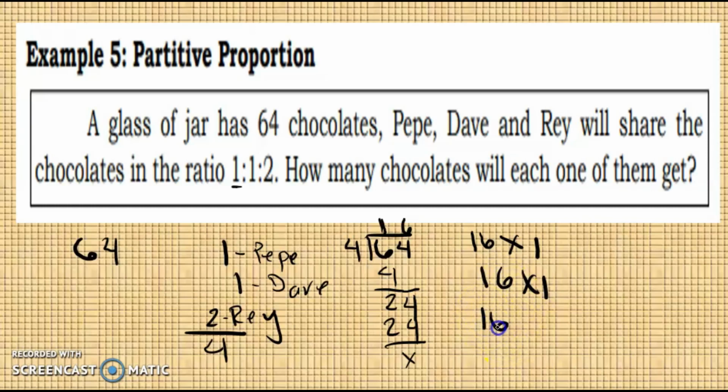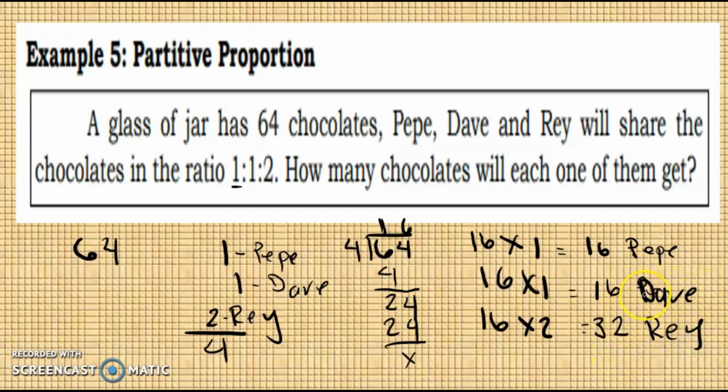Tapos, yung kay Ray, 16 times 2. So, 16 times 1 is 16. So, 16 chocolates para kay Pepe, kasi 1 lang sa kanya, 1 part. 16 din kay Dave. And then, 16 times 2 kay Ray. So, 16 times 2 is 32 ang kay Ray. Mas marami.